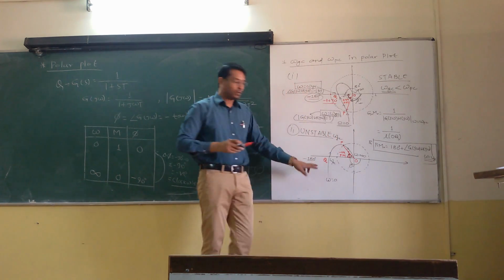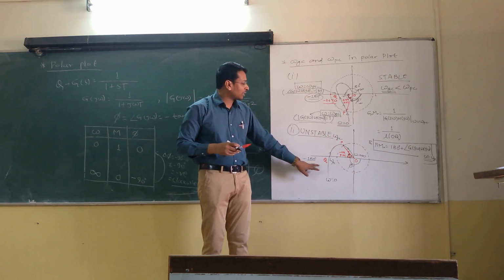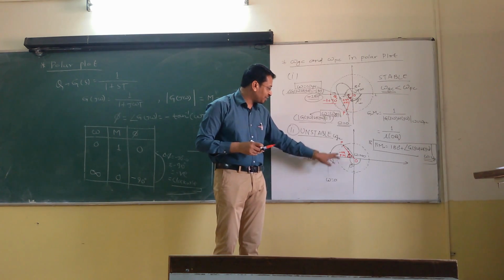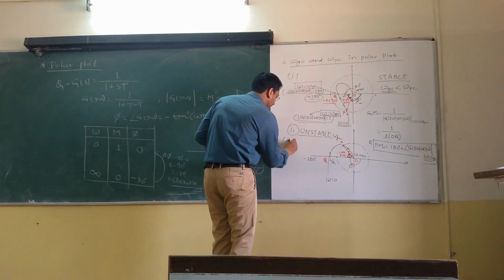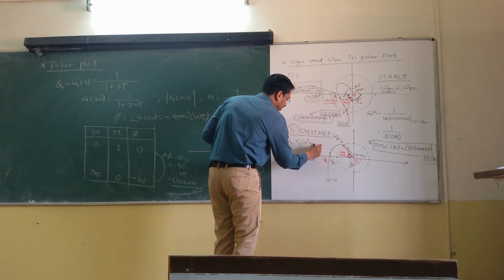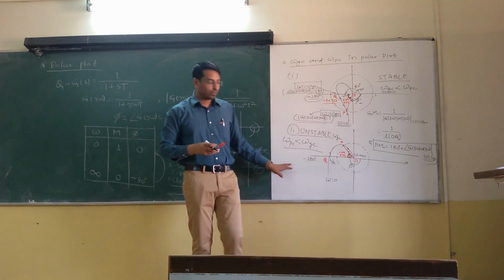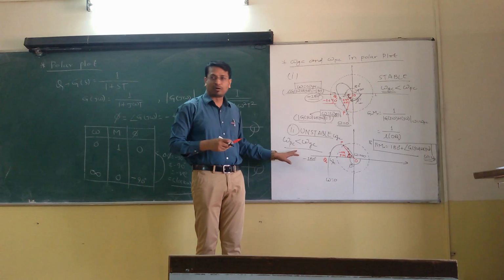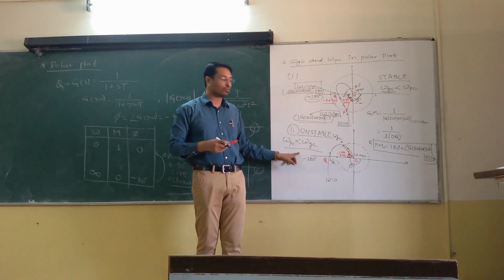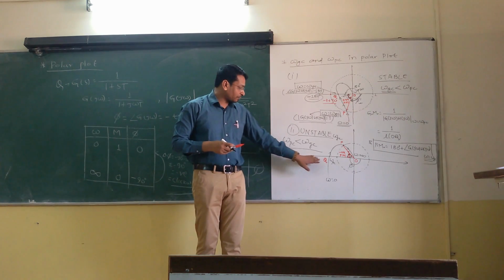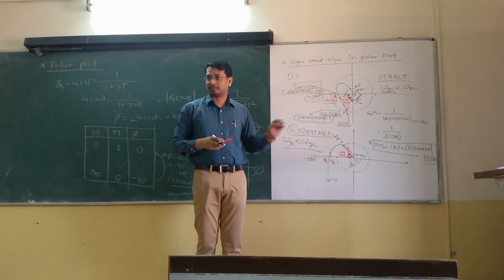Correct? And again with the second notion, your omega PC is less than omega GC. So once again with the crossover frequency, you can also say with the help of this frequency, your system is unstable.